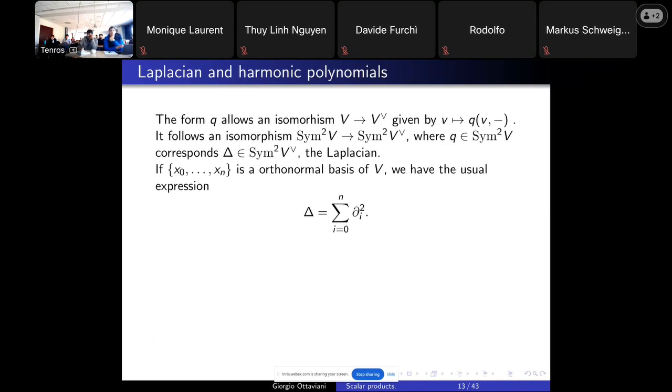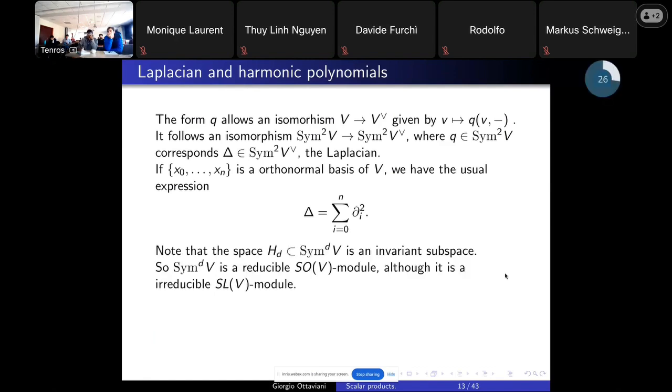It depends only on the metric. So if you fix a Euclidean structure on V, there is a unique Laplacian. And why is this important? Because, again, exercise, the space killed by the Laplacian is invariant.